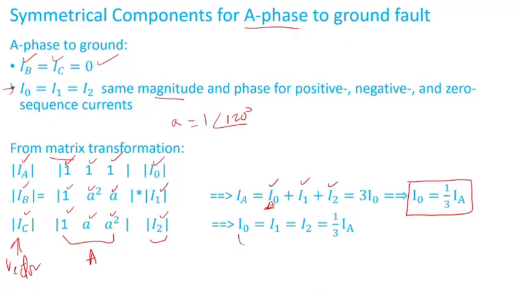And we know the zero sequence, positive, negative sequence currents are equal in magnitude and they have zero phase shift, so I0 is equal to I1 equal to I2. That's why we said I0 is equal to 1/3 of phase A current.